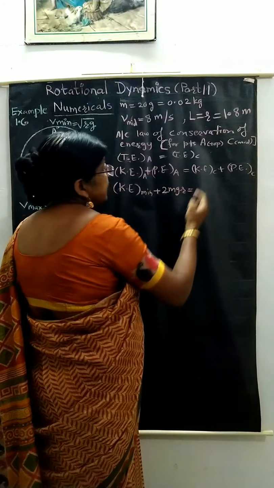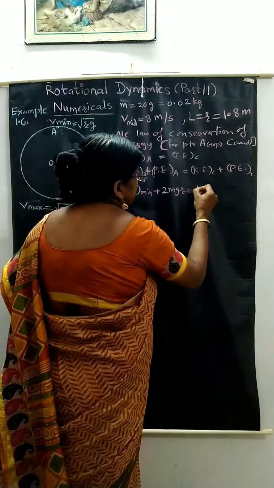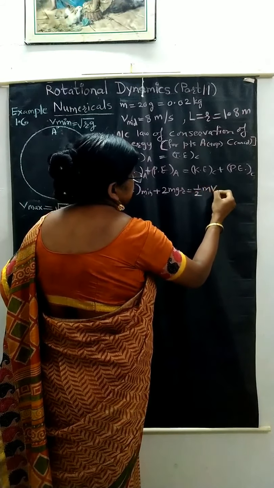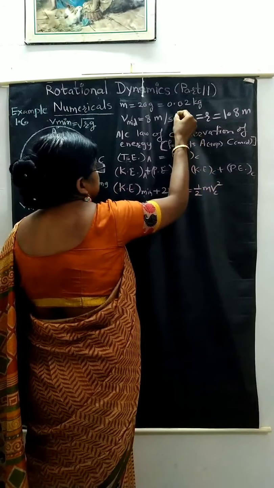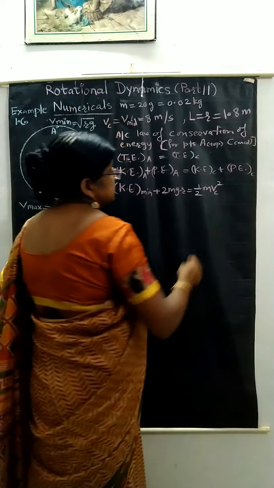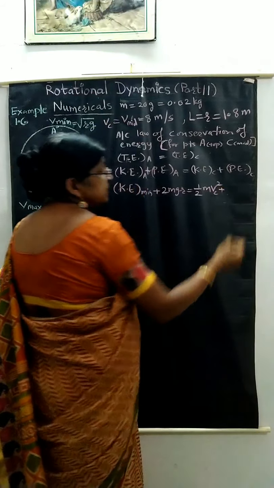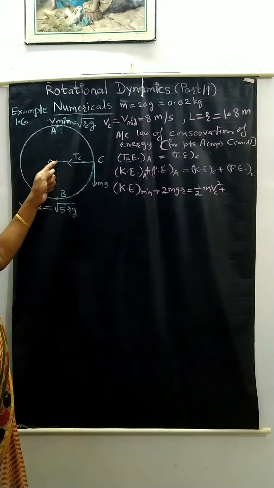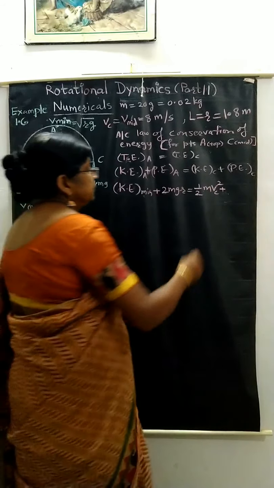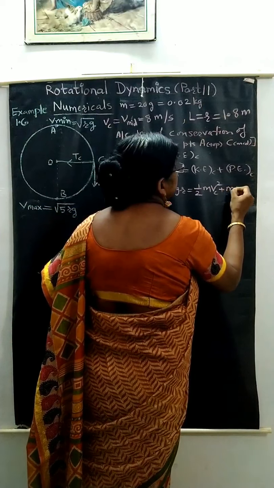So kinetic energy at point C is half m Vc square, that is V mid square. Plus potential energy at point C is mgh again. So h is equal to r here. So it becomes mgr.